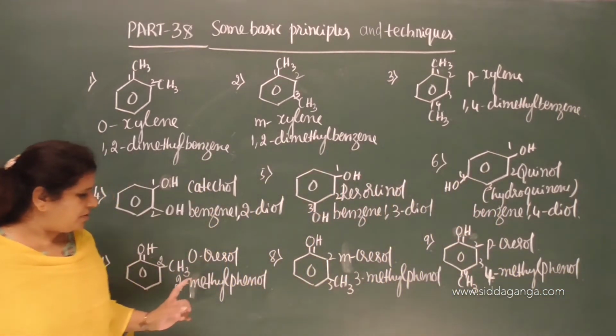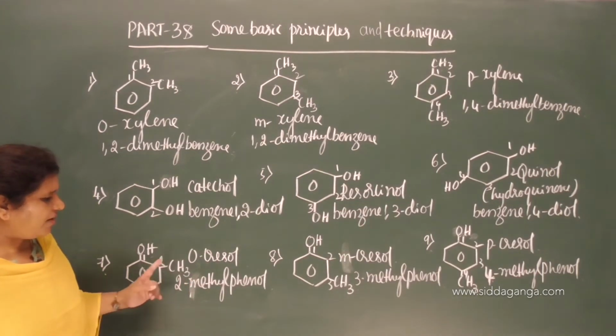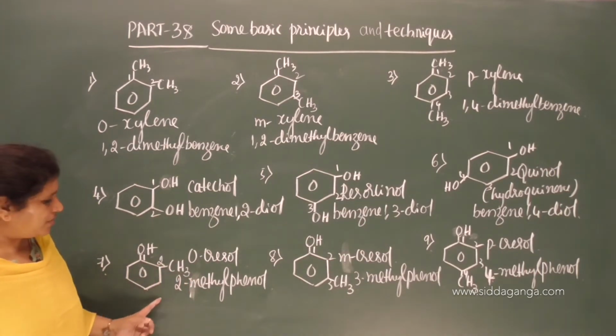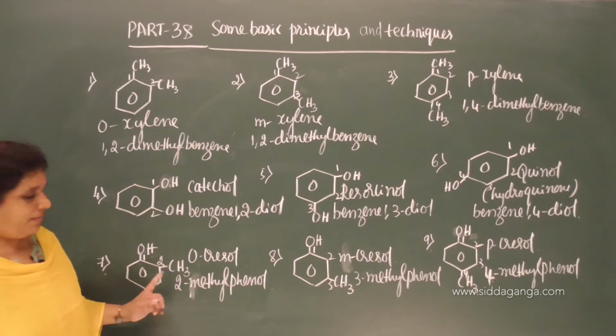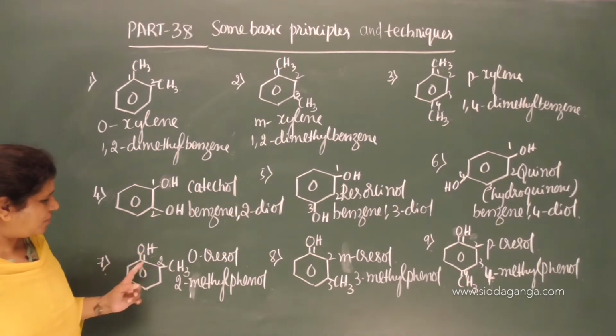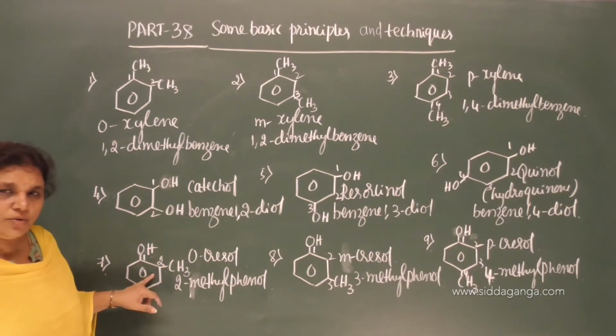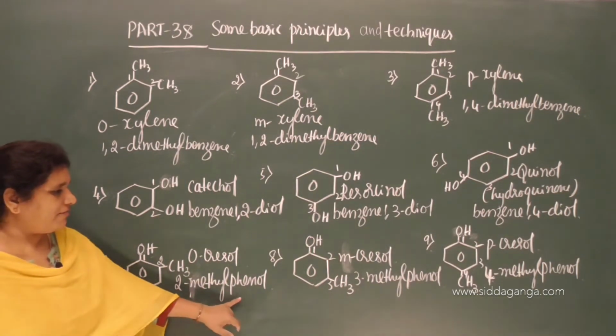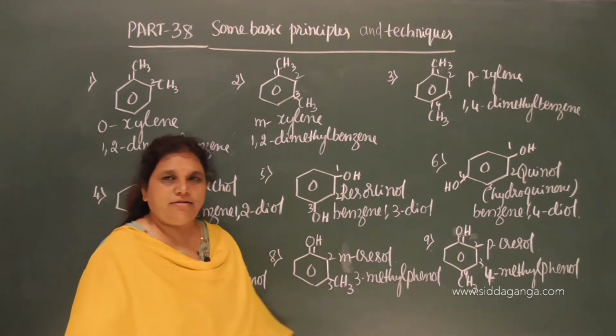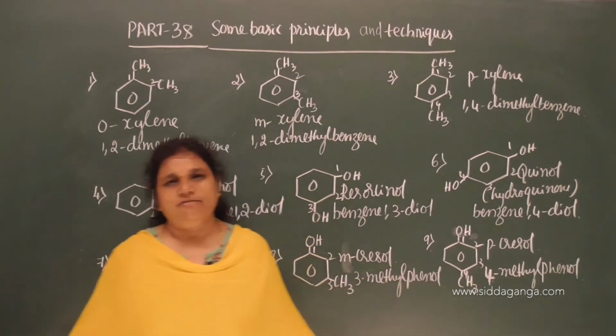Okay. Now substituted, what substituted? Methyl substituted. What is the position? On the second carbon, because we need to give the lowest number to the carbon containing the functional group. Therefore 2-methyl phenol, 3-methyl phenol and 4-methyl phenol.